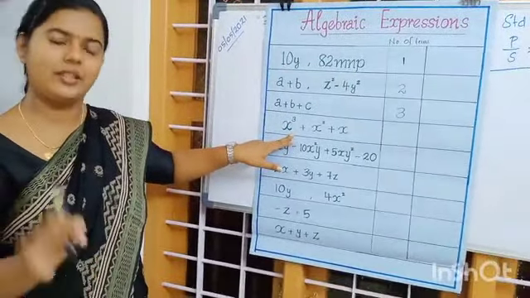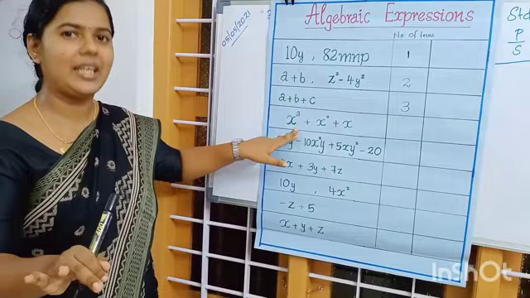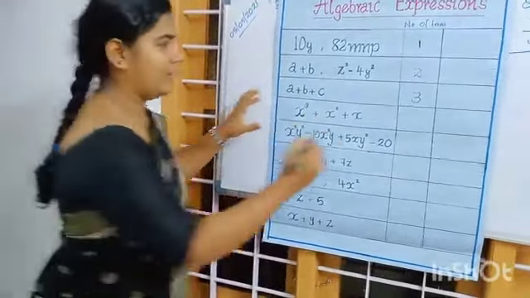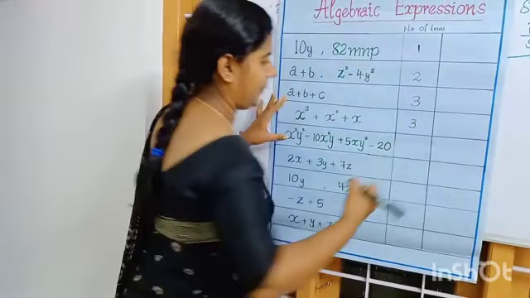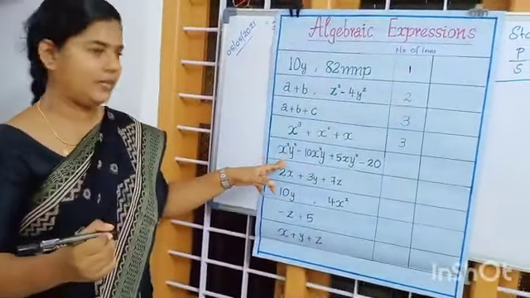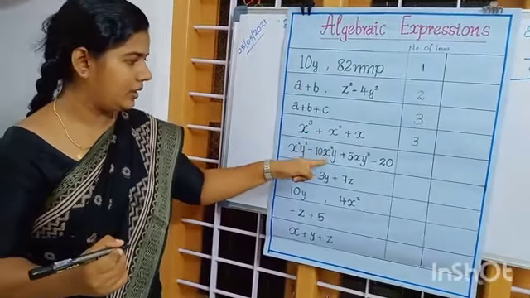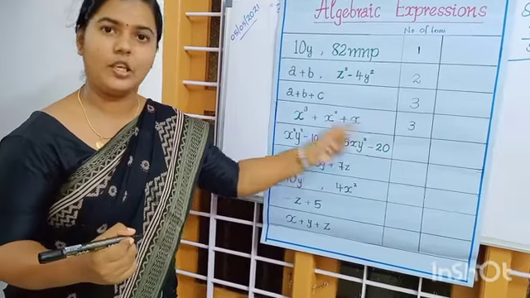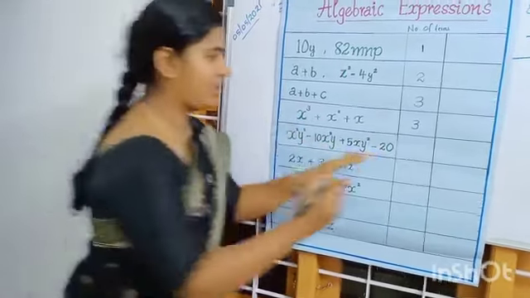Yes, we have 3 terms and they are, yes, very good, x cubed, x square and x. So this is also 3. What about the next expression? Yes, it's 1. This is second term, third term and fourth term. So in total 4 terms.